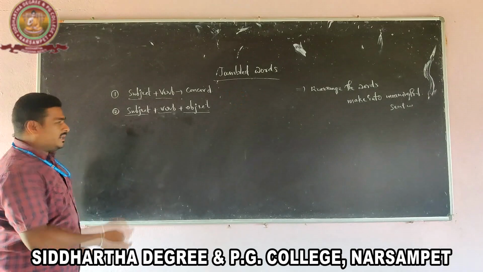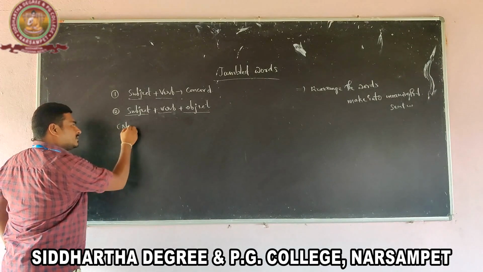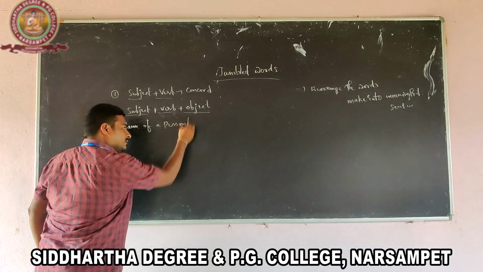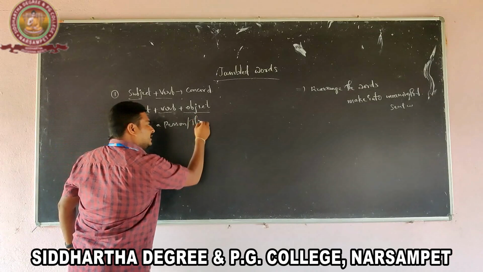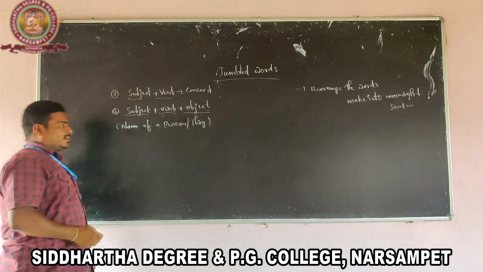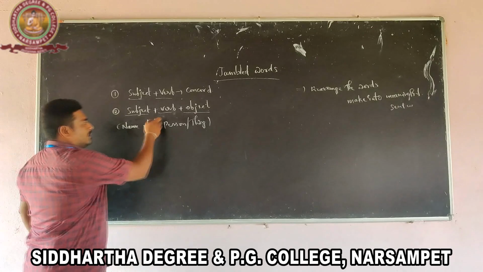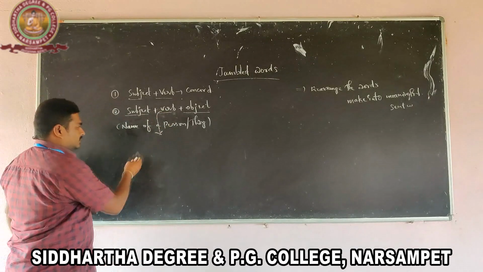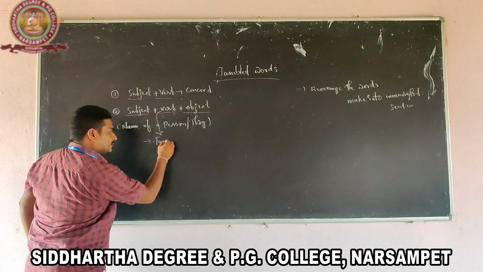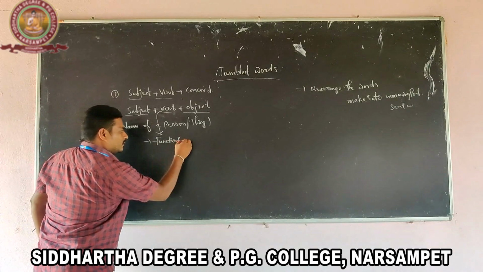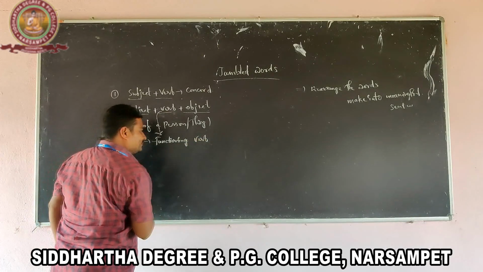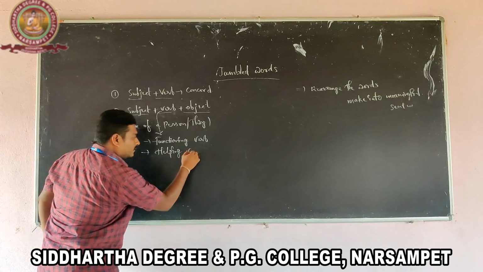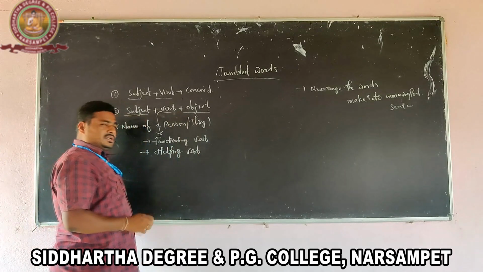First, what do you mean by subject? Subject means the name of a person or thing. Next, verb. Verb will be of two categories here. The first one is functioning verb and the second one is helping verb.